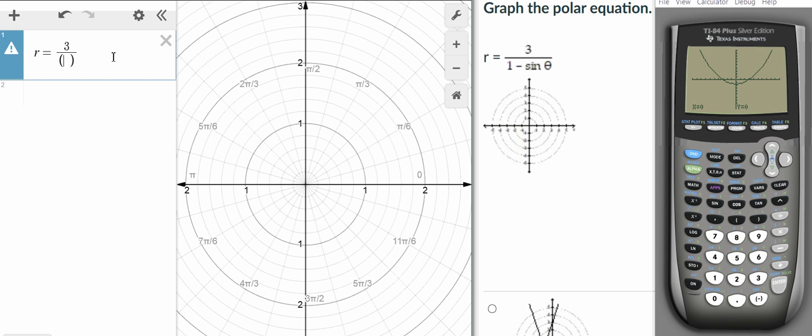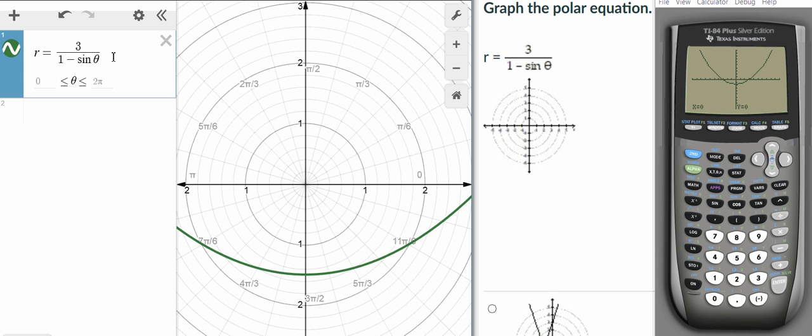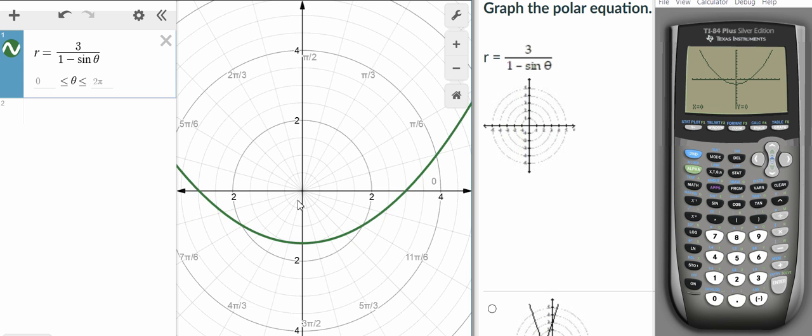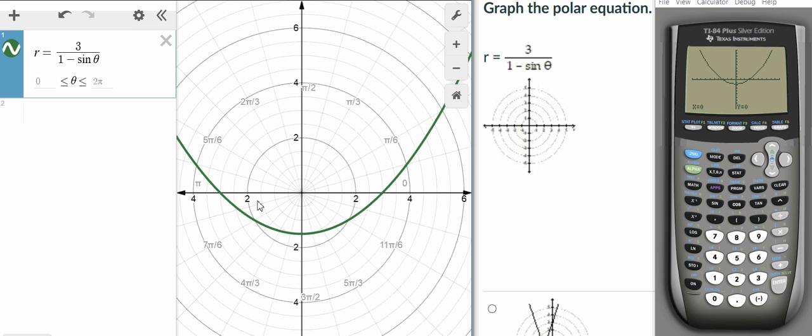And here, you may not even need the parentheses, because you just need to input sine theta. You will get the picture. Okay. So that's a parabola. Using the technology is quite fast.